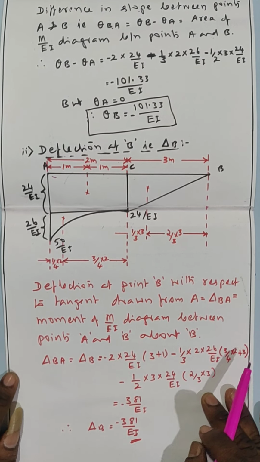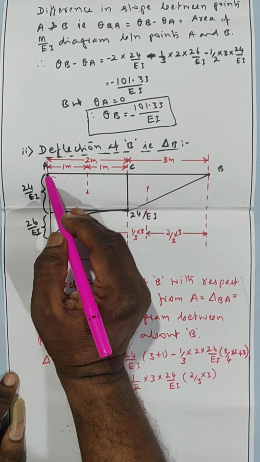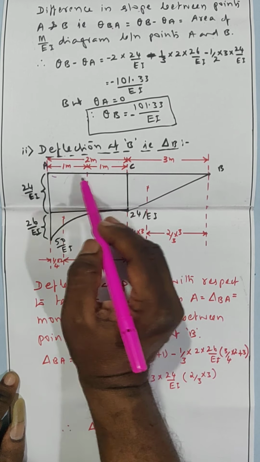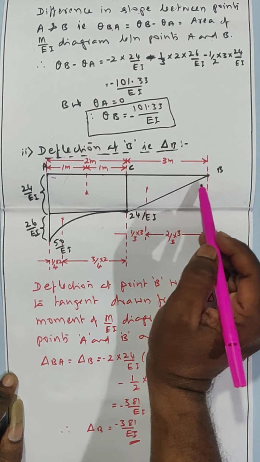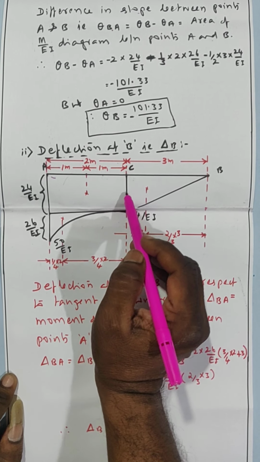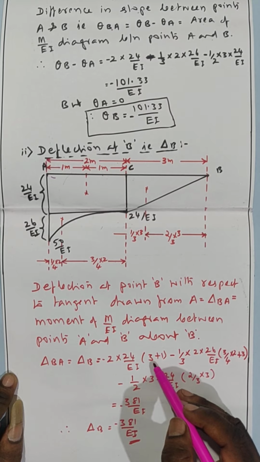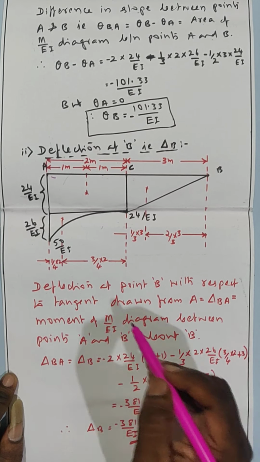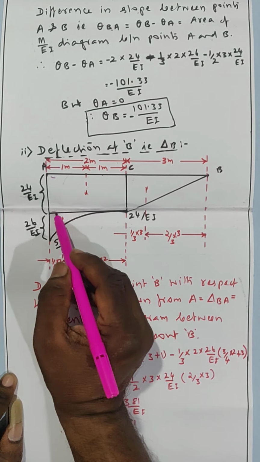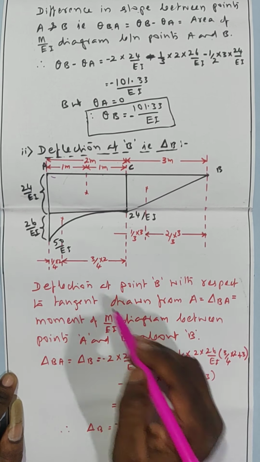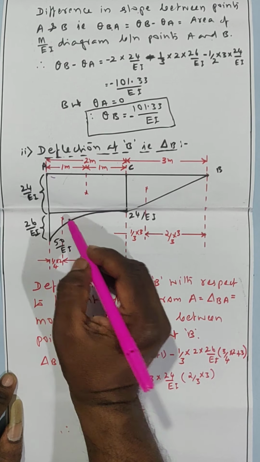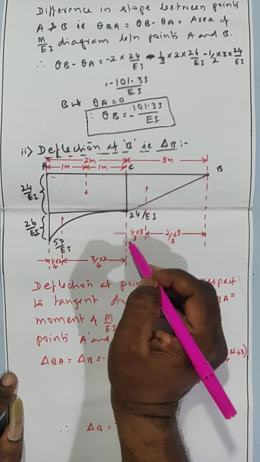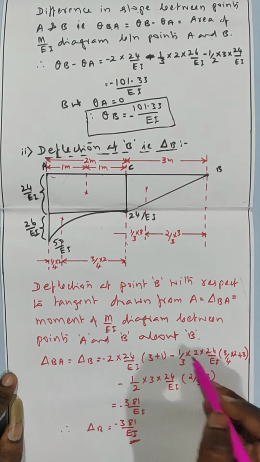Now there are three figures. What is the moment of this rectangle? 2 into area, 2 into 24 by EI, into its CG distance from B, which is 3 plus 1. Minus, what is the area of this parabola? 1/3 of 2 into 26 by EI, into its CG distance from B, from here, 3 plus 3/4 of 2.